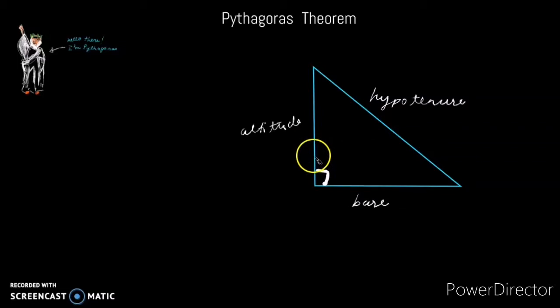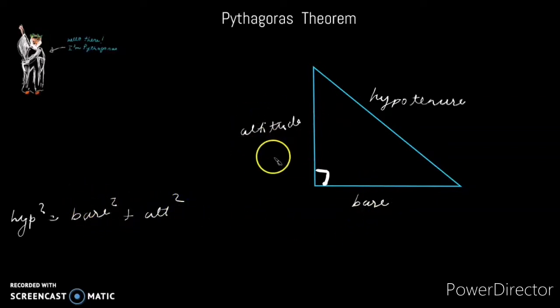Now let's get into the Pythagoras theorem, which is the most basic thing about a right-angled triangle. It says that the square of the hypotenuse is equal to the sum of the squares of the other two sides. So hypotenuse squared is equal to base squared plus altitude squared.